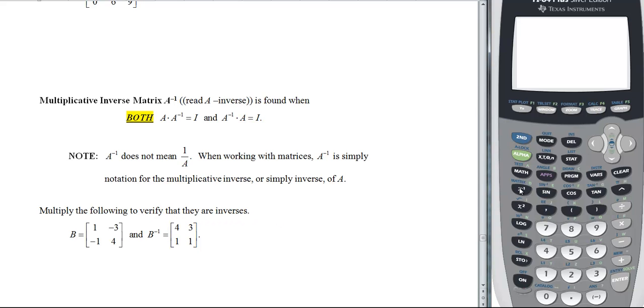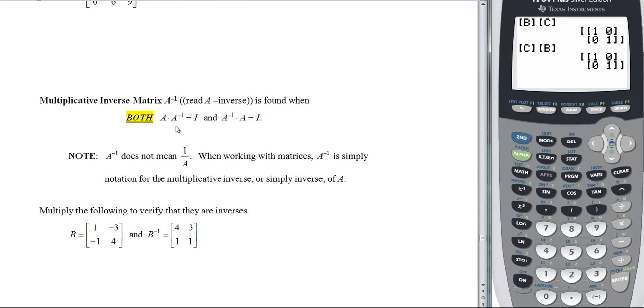So second matrix, let me do B, times second matrix C, which is where I put my inverse, and let's see if we get our identity. There's my 2 by 2 identity. This is an AND here, so I've got to do it both ways. So second matrix C, second matrix B.